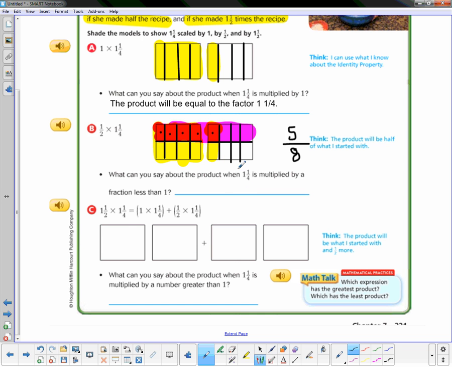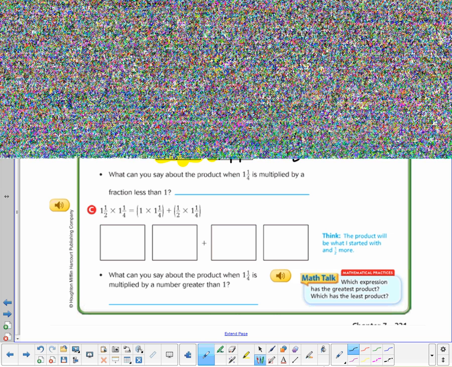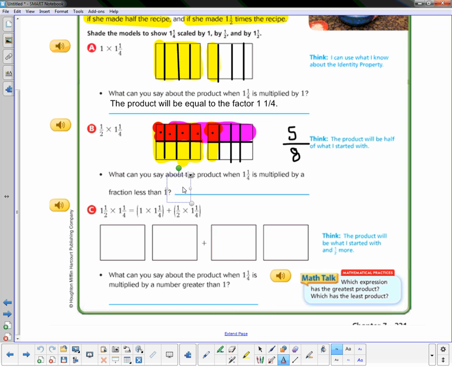So when we multiply 1 1/4 by a fraction less than 1, we know the product will be less than 1 1/4. So when we multiply it by a fraction, we get less. When we multiply it by 1, we get the same.